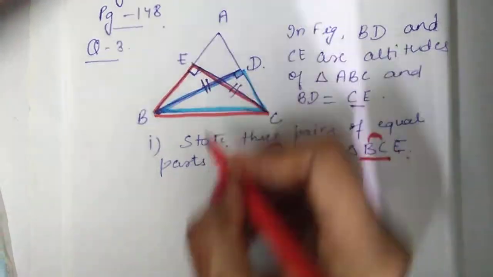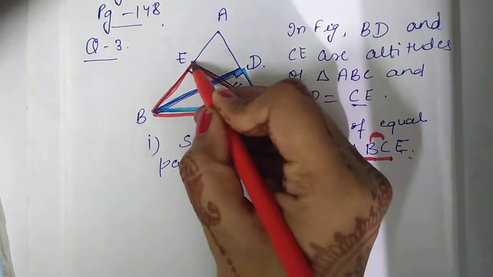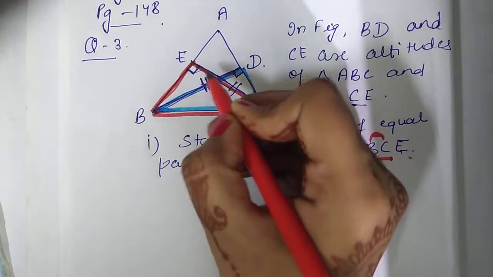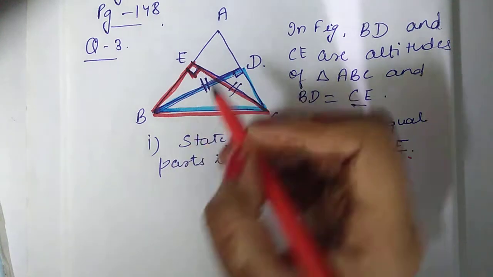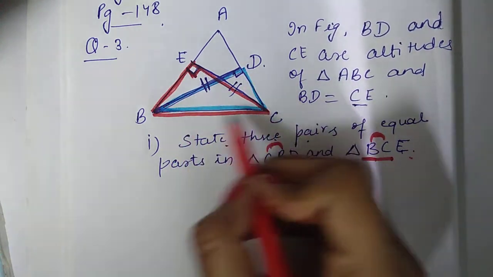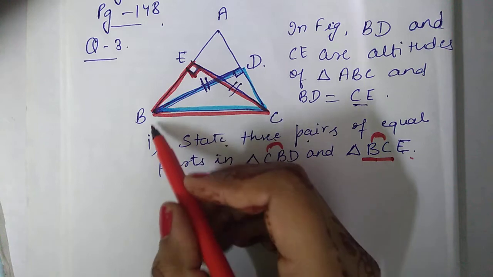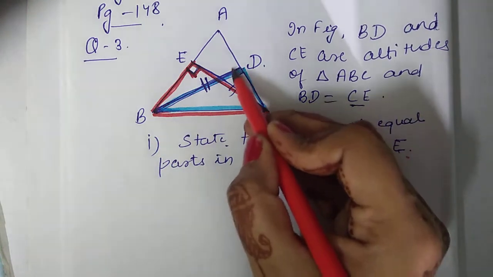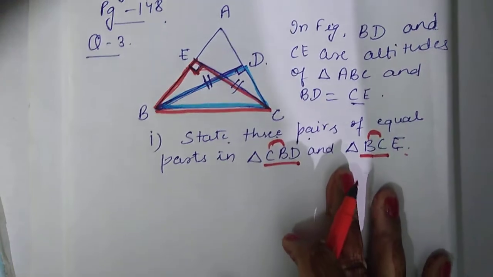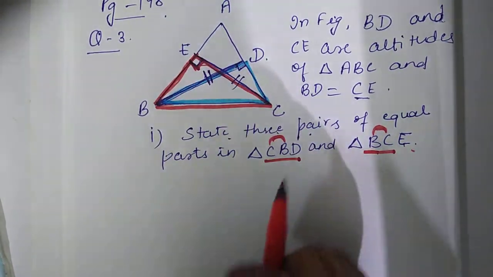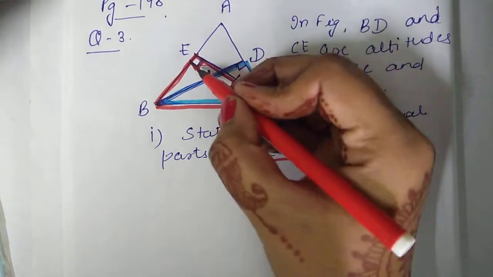Now come to the second. In this triangle which I have drawn with red color, angle E is 90 degrees, and in this triangle which is drawn with blue color, BDC, this angle is 90. So one more part we have found. This is also equal, right angle.